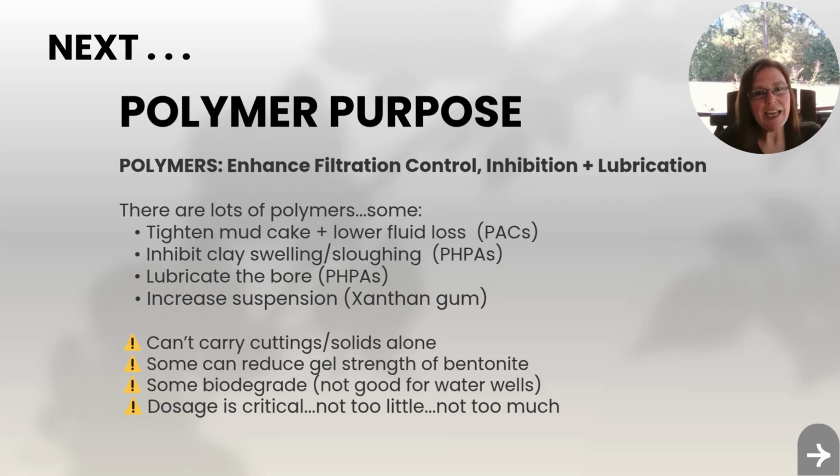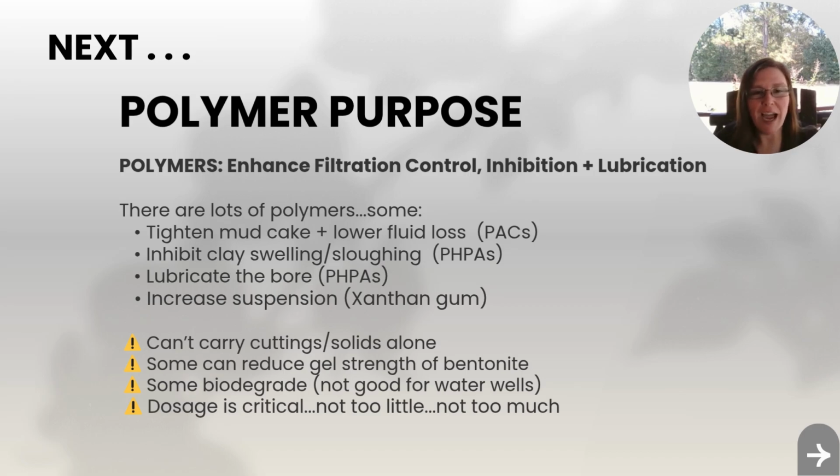So the first thing is there's polymers out there that will help enhance filtration control or fluid loss. And the way it does it is it works with the bentonite to create a very tight, very thin filter cake. So we said we can only create a filter cake if we have bentonite. But the thing is, I want the thinnest filter cake I can get.